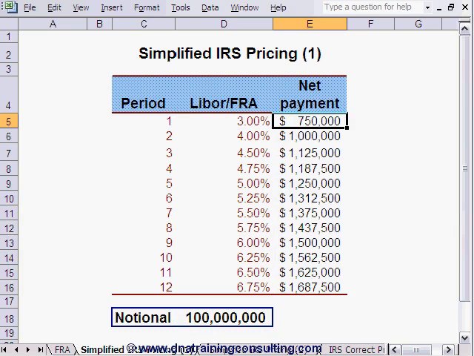You therefore propose to the client to simply smooth out the 12 payments in column E so that the company will always pay the same exact amount of interest in each period.